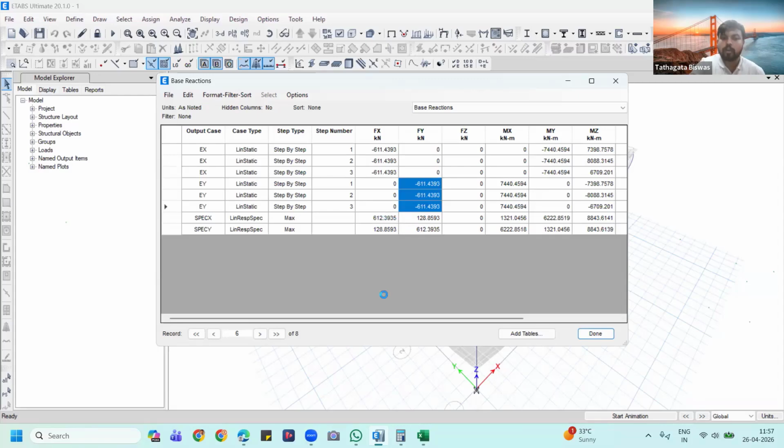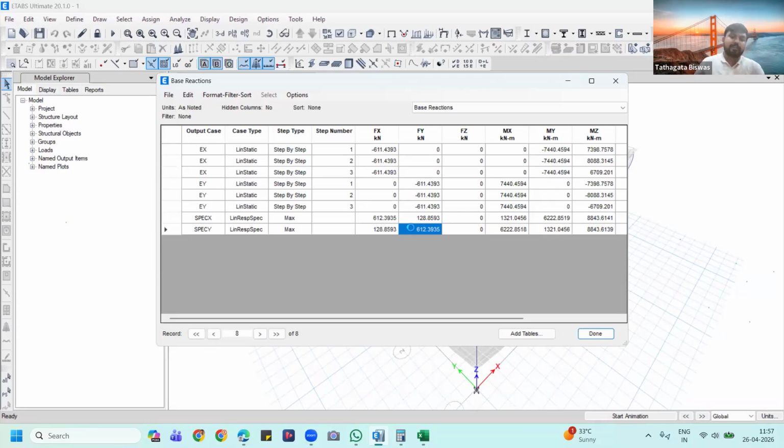So make sure whenever you are doing the design after this, the calibration must be done. And only the dynamic combinations are to be taken, because earthquake is dynamic in nature. We all know that. So that distribution is much more realistic than the static base shear. Although the static base shear magnitude and values are much more proper than Spec X and Spec Y, because that includes the stiffness of the infill panels as well.